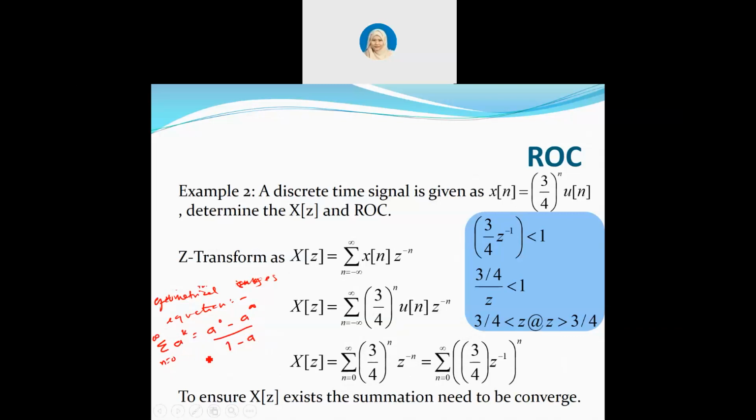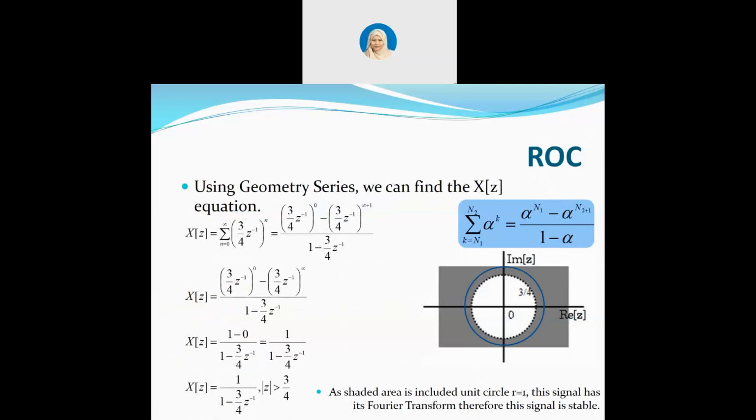So our a is, where a equals to 3 over 4 z negative 1. Then, using geometrical series, we can find the exact equation where Xz equals to 3 over 4 z negative 1 to the 0 minus 3 over 4 z negative 1 to the infinite over 1 minus 3 over 4 z negative 1.